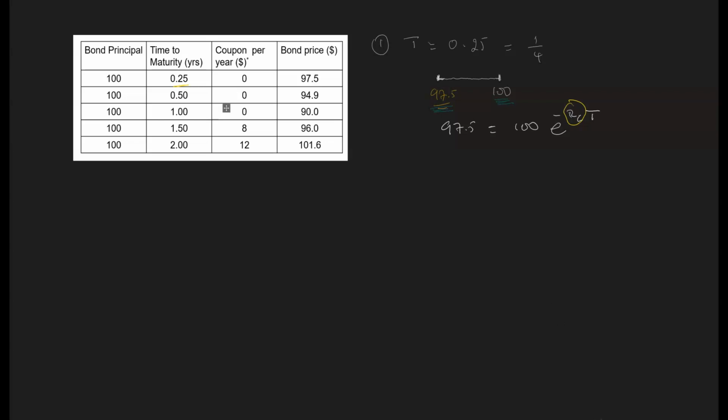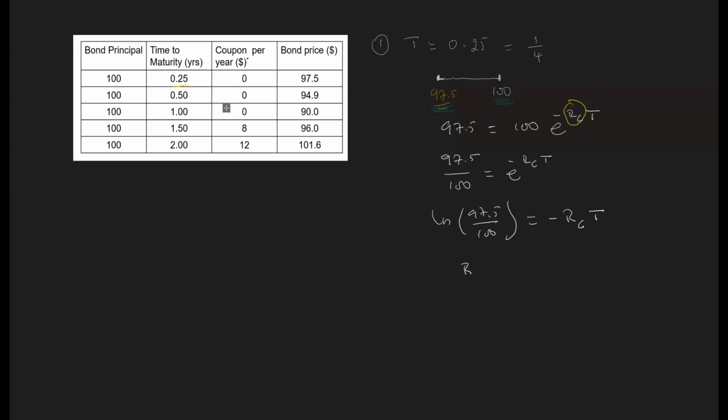So to find that zero rate, we're going to say 97.5 divided by 100 is equal to the exponential of minus the zero rate multiplied by t. If we take the log of both sides, that's the log of 97.5 divided by 100, and it gets rid of the e, giving us minus the compound rate multiplied by t.